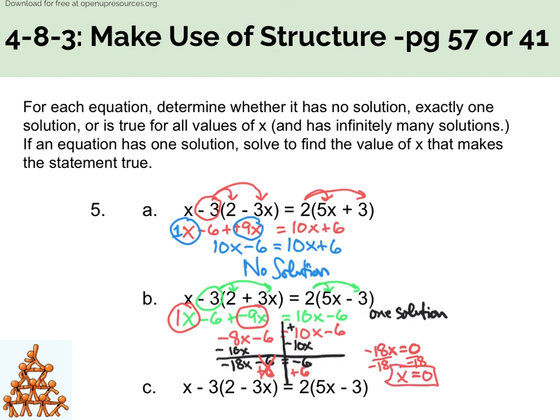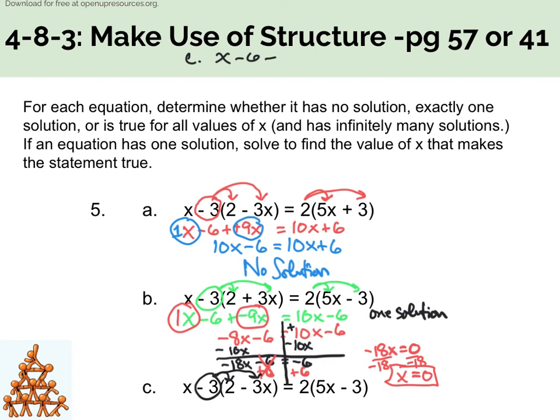All right, last one, and I kind of ran out of room again, so I'm going to have to put it up on the top. So this x, we do nothing with it, so we're going to put C up here. Then we are going to take negative 3 times 2 is negative 6 minus negative 3 times 3x.